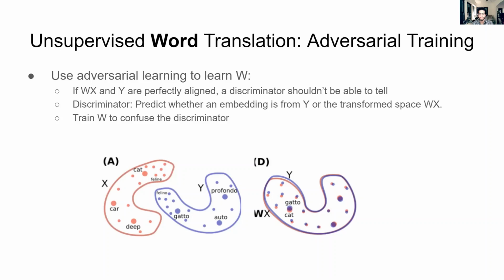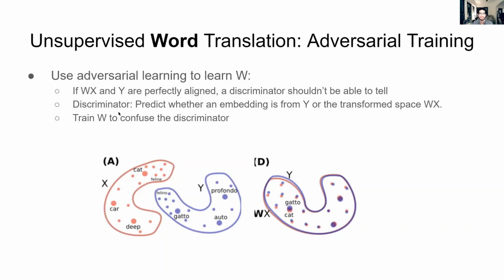If you train a classifier to distinguish between a vector of English and a vector of Italian, and the embedding spaces are aligned, the classifier should not be able to tell if those two vectors belong to separate languages. And that's the exact idea you use to train W.